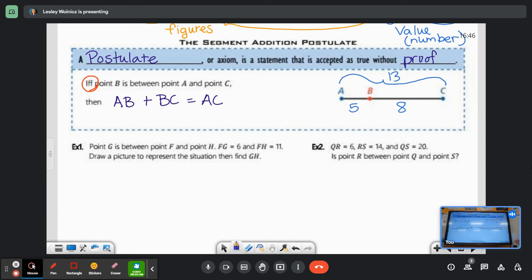All right, look at example 1. Point G is between F and point H. So we're going to draw a picture. Here's my segment, here's point F and point H. This doesn't have to be to scale. And G is in between. It's telling me the measure of FG is 6, so this length right here is 6. And it's telling me the measure of FH is 11.